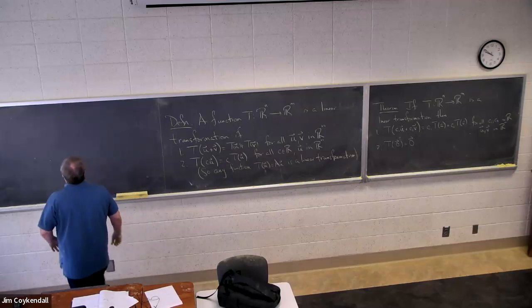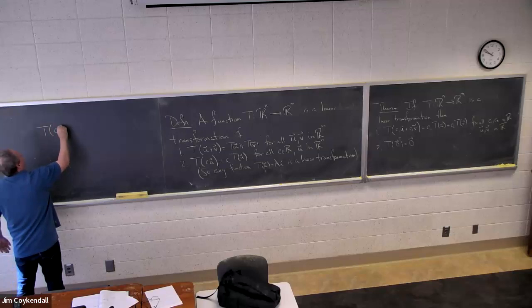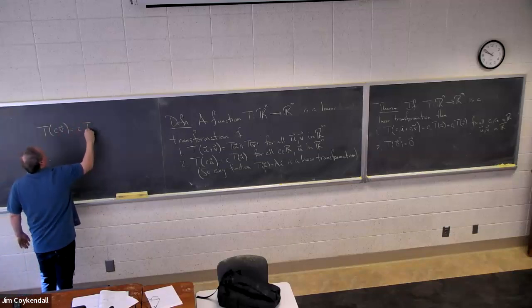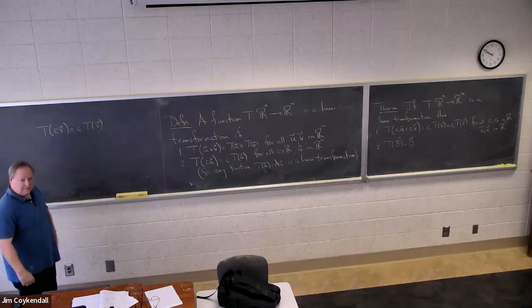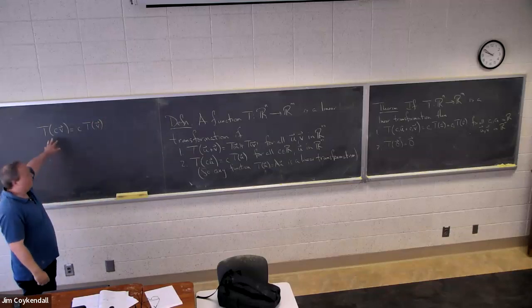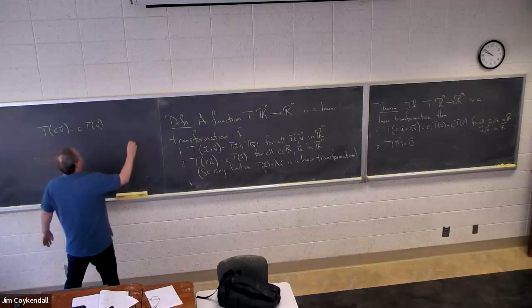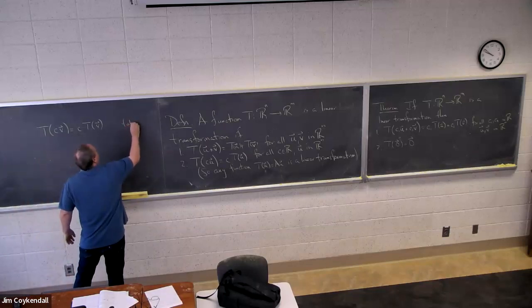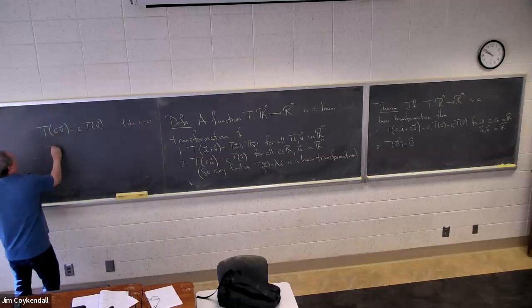Well, let me point this out. Do you agree with that? No matter what c is, no matter what v is, this is true. Now take c to be 0.